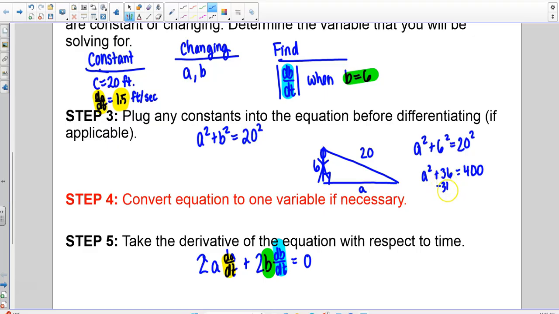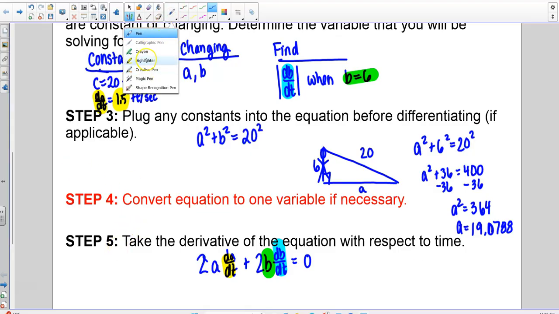And we're going to subtract our 36. A squared is 364, is that right? And then, is that going to be a whole number? No, we get a square root of 364, which is 19.0788, right there.